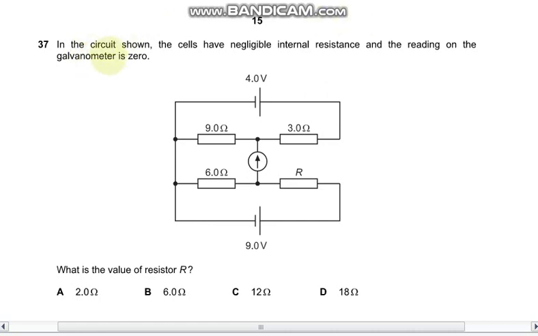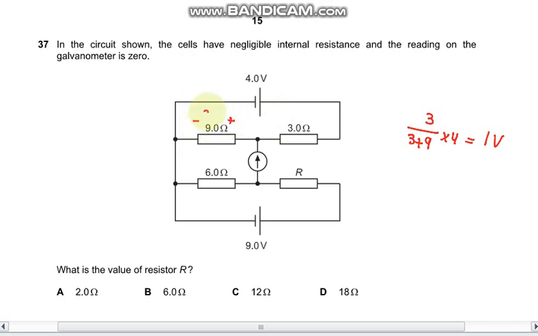Considering question number 37, we need to find the value of R. Both resistors are in series, so across 3 the voltage is 3 over 3 plus 9 into 4, which makes up 1 volt, and that makes up 3 volts.